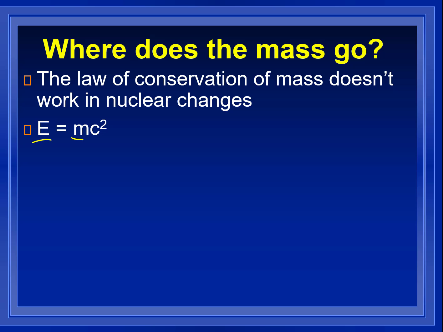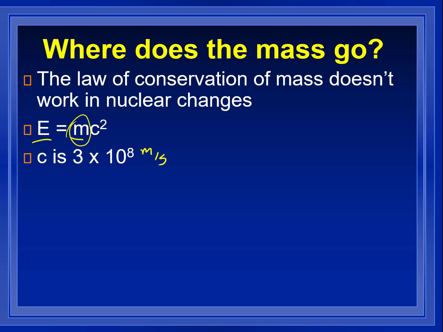M is mass, the equal sign, the word is. This says energy is mass times a conversion factor. And the conversion factor is the speed of light, which is 3 times 10 to the 8th meters per second.